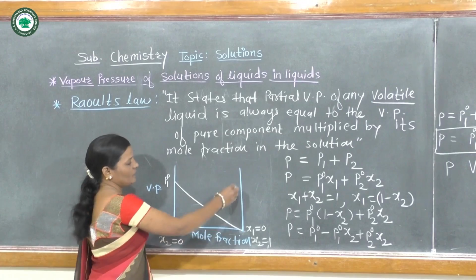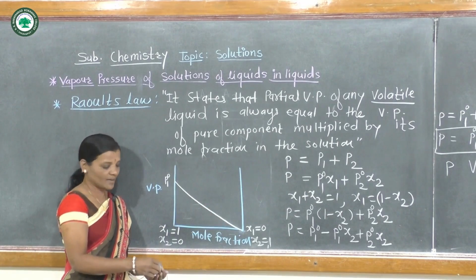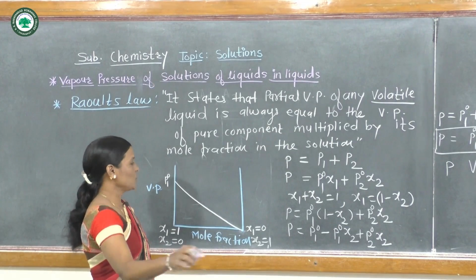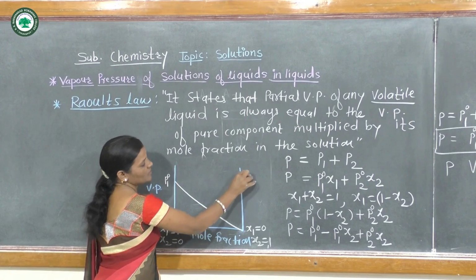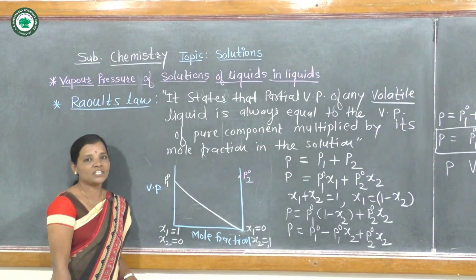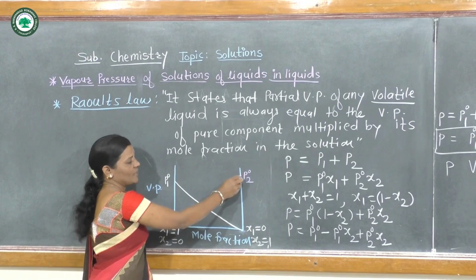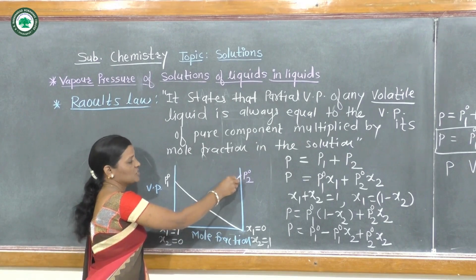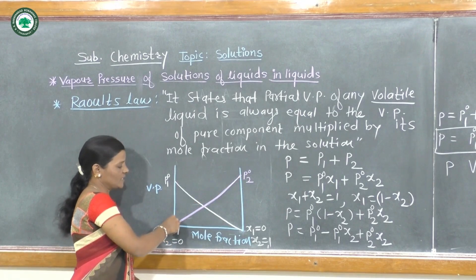And if we consider the opposite case, that means for the second volatile component, A2, and draw the plot, suppose this one is P02, the vapor pressure of the pure volatile component. Now what happens when both the components are mixed: the vapor pressure of the A2 component decreases.